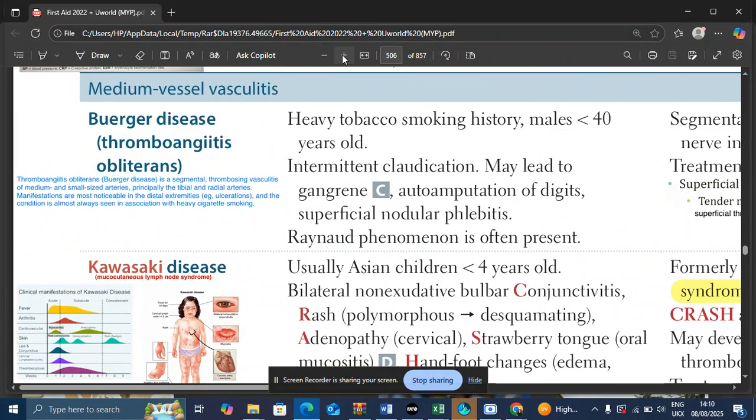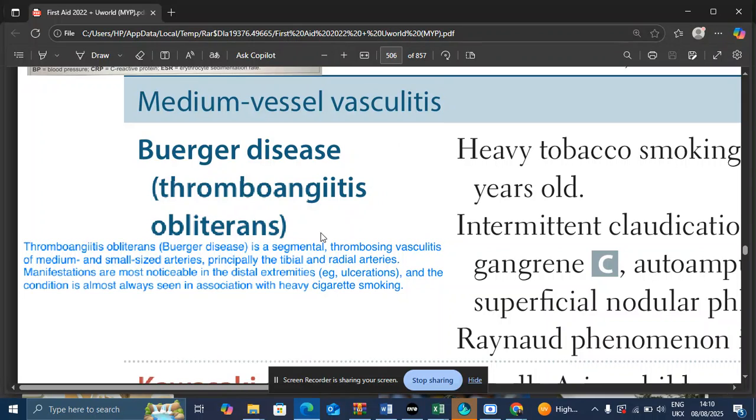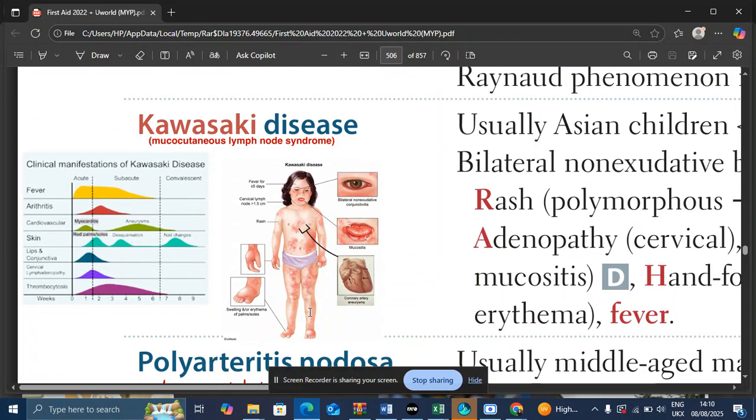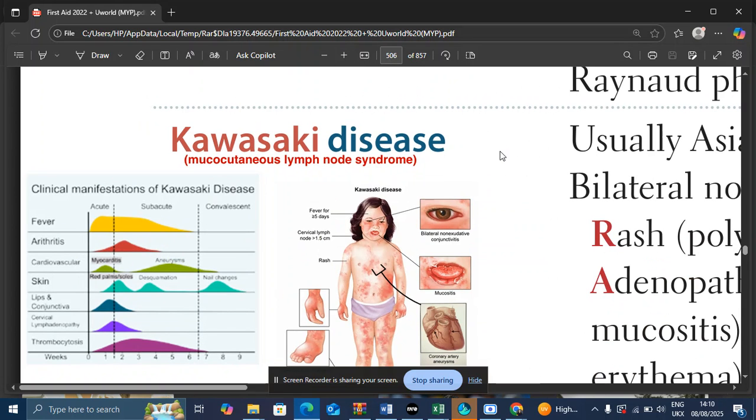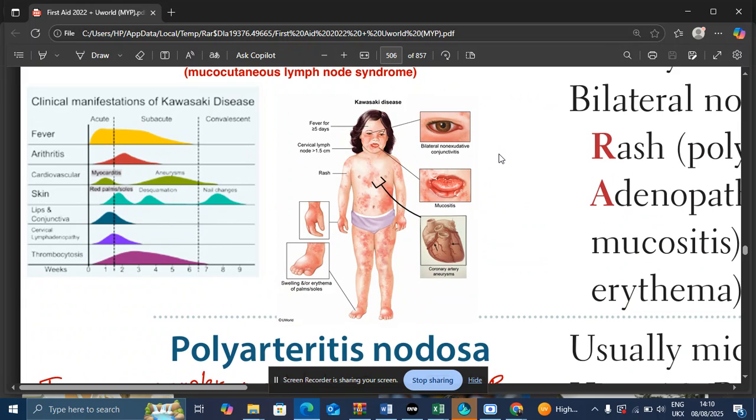C stands for conjunctivitis, which is bilateral non-exudative bulbar conjunctivitis.